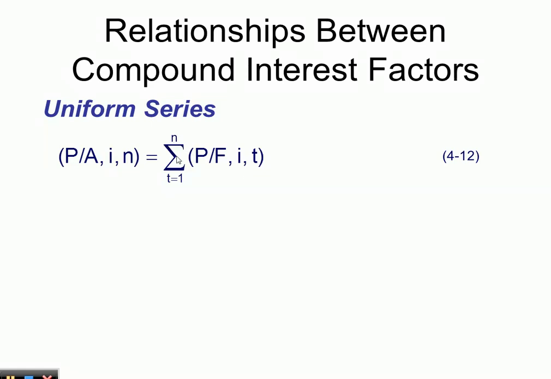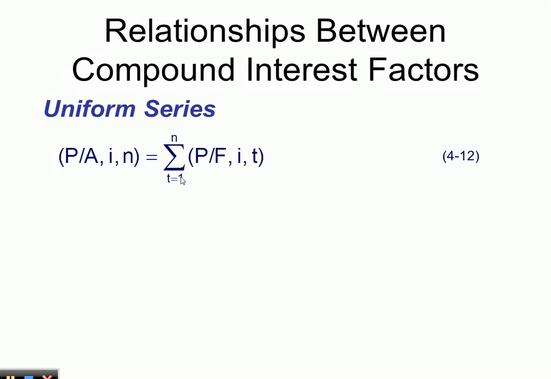This is actually a little complicated, but don't get alarmed. The big sigma is a Greek letter that just denotes the summation, where this t changes from 1 to 2 to 3 to 4 and so on, up to whatever n we have. If n is 5, then t would be 1, 2, 3, 4, and 5.